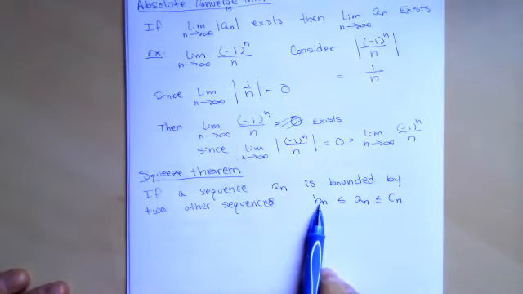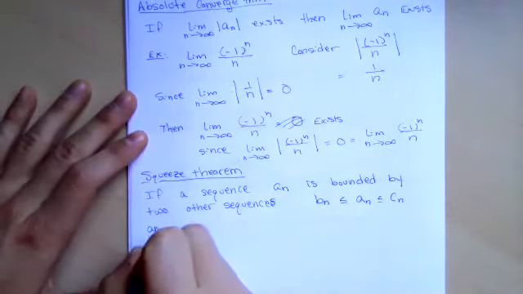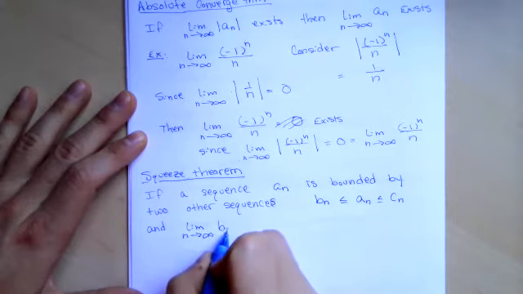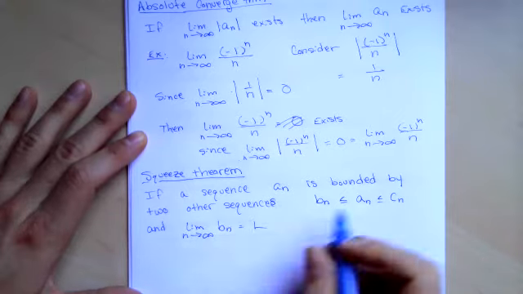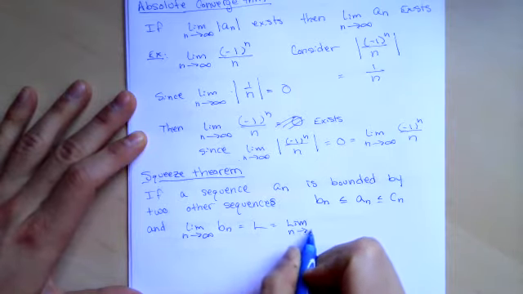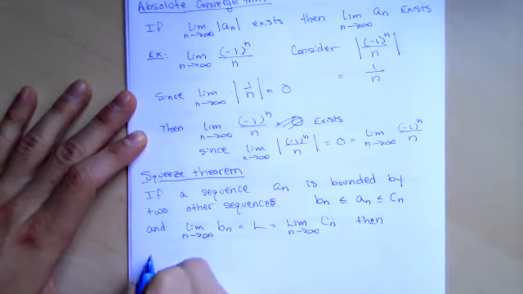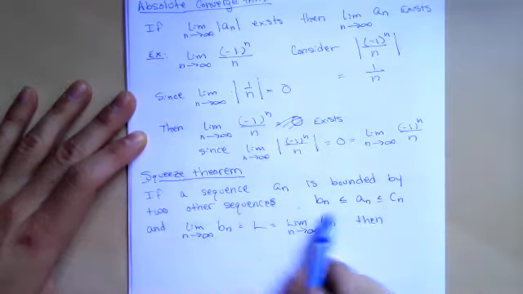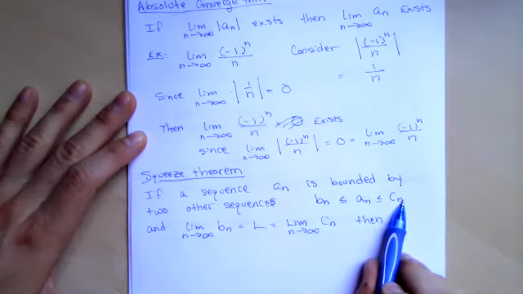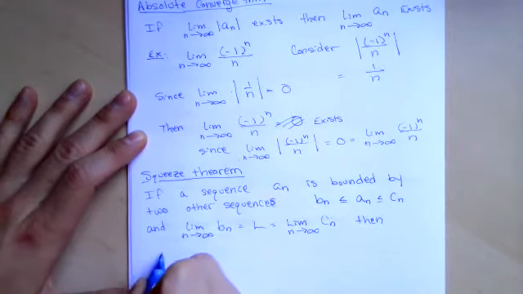So our a_n is bigger than one sequence, less than another, and the limit as n goes to infinity of b_n is some finite limit L, which is also the limit of c_n, then, well, if I take a limit to infinity of this whole inequality, this guy has to be L, this guy has to be L, the middle term has to be L. And let me write that out.